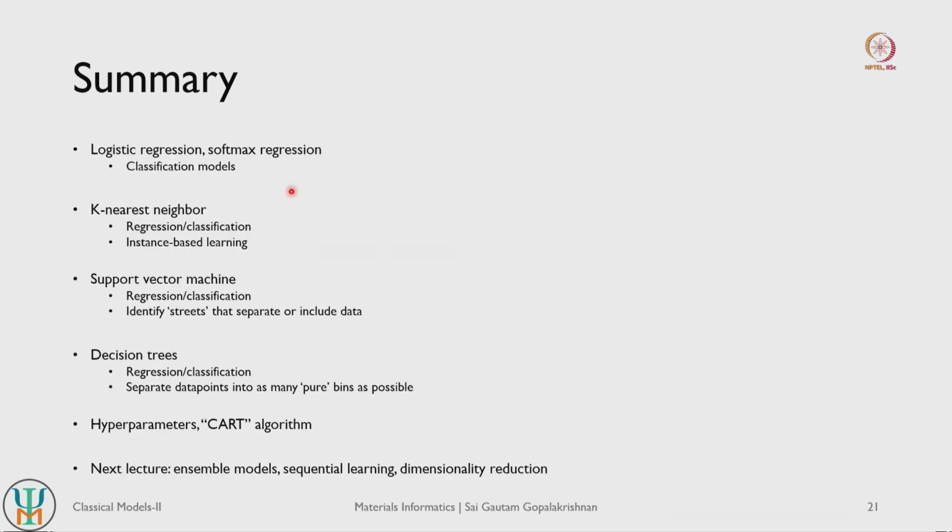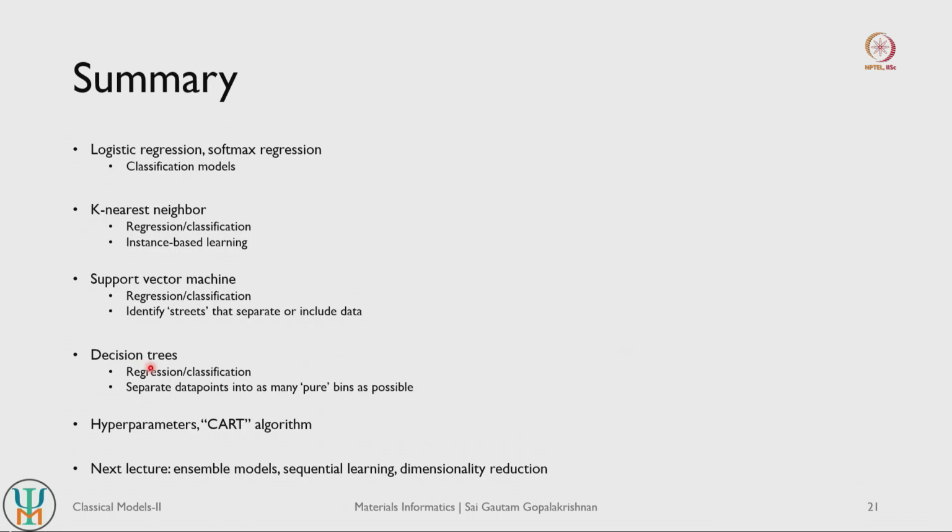Okay. So with that we will summarize today's lectures and overall our discussion on classical models. We looked at logistic regression and softmax regression as examples of classification models. We looked at k nearest neighbors which can do both regression and classification tasks, and we also looked at support vector machines which try to identify streets that either separate data for classification tasks or include data for regression tasks.